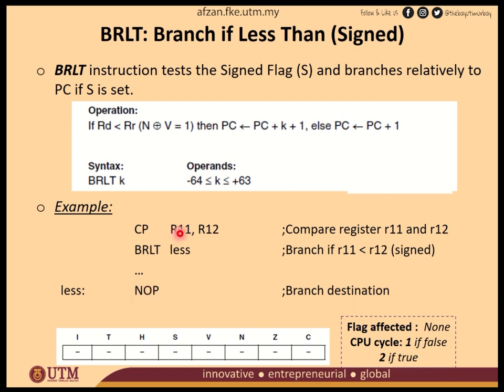If R11 is greater than R12, S will be 0. For example, 7 minus 5, you get 2. 2 is a positive number, so the sign flag will be 0. Then you need to do the following instruction. You cannot branch to this LESS and NOP.